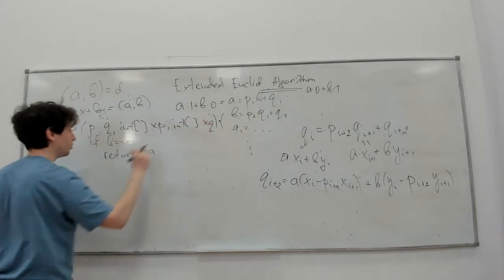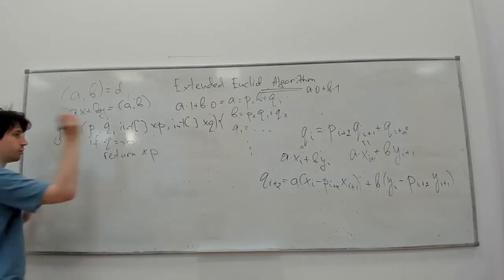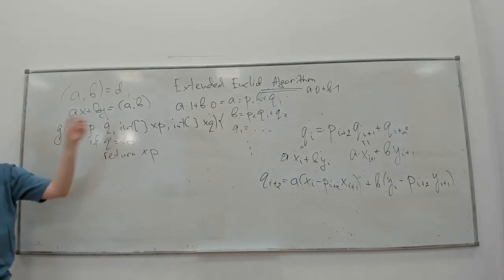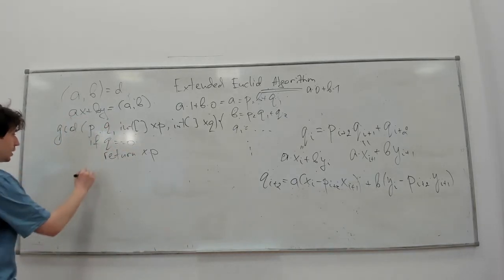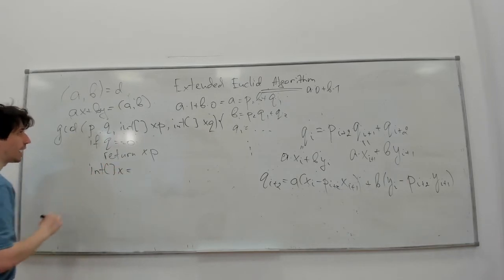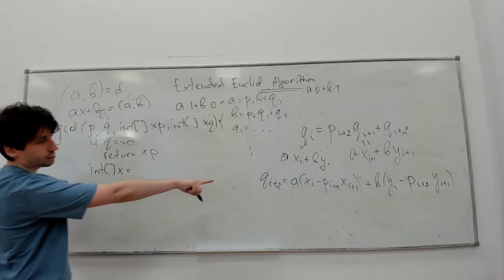With P, Q, XP, XQ: if Q is equal to 0, then we return XP. This is not the same A and B, because these are what we pass through our function. If Q is equal to 0, then P is the GCD, and we know how we represent it. Otherwise, you create a new array X of 2 integers.